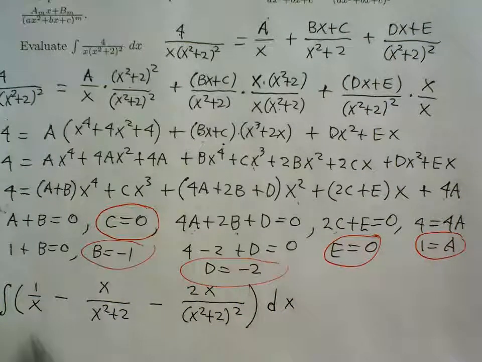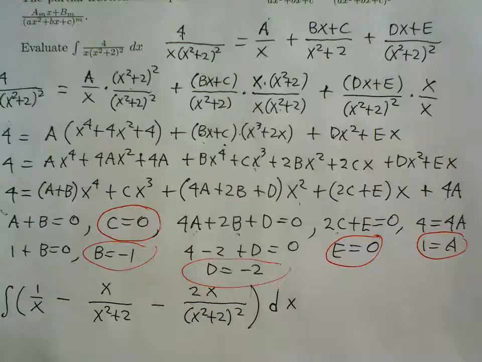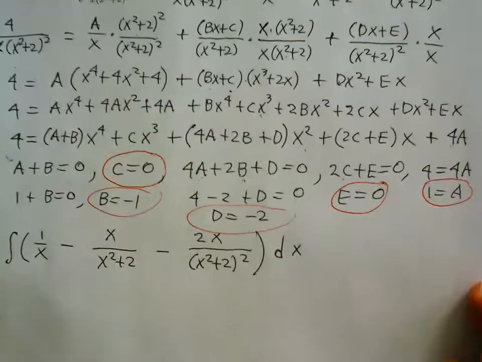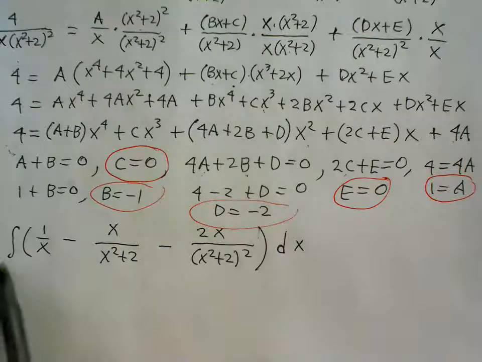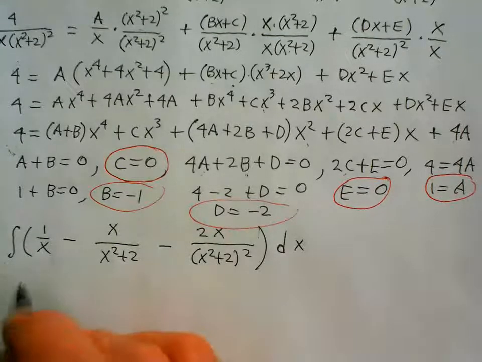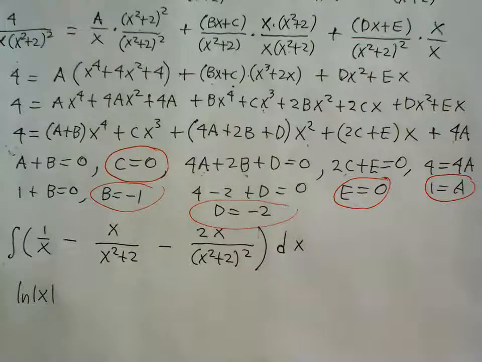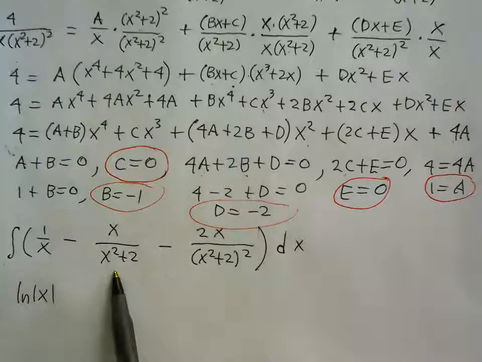Okay, so this is fairly simple to evaluate. So we get the natural log of the absolute value of x. So we might as well complete this one. The indefinite integral of 1 over x is the natural log of the absolute value of x. For the middle one, we can use the substitution rule.